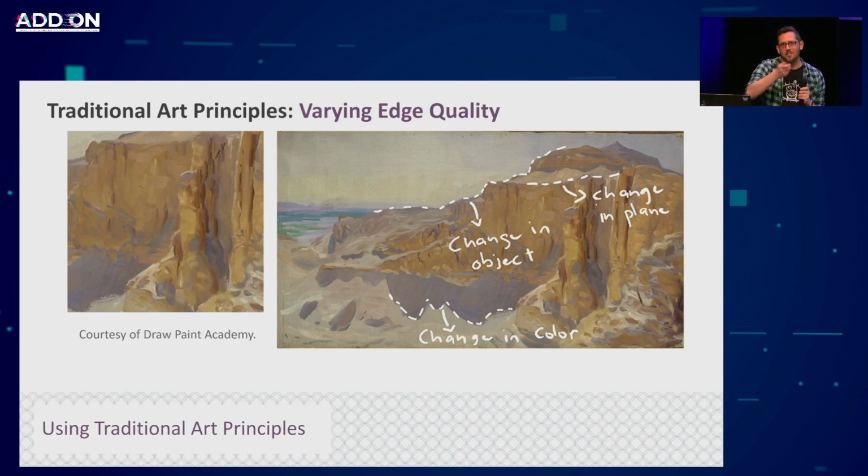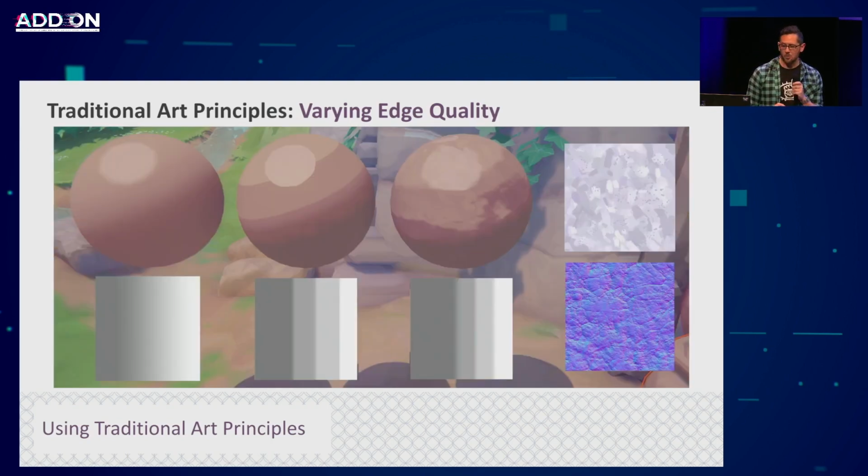You describe that with some kind of edge. Or a change in color, where you've got two colors coming up against each other. Some of those things are hard to do in a 3D scene. You can't necessarily have full control over how edges bleed into each other, one object in front of another, but I still wanted to try and capture some of that same feel within the shaders, within the material.